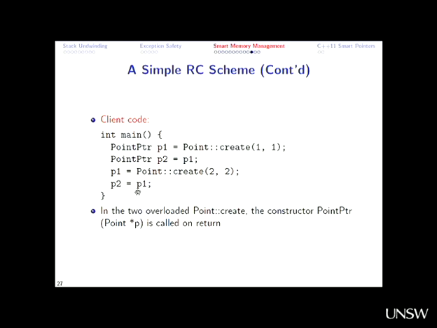P2 equals P1. What's going to happen? Move copy assignment P1 onto P2. What's going to happen? The point object that P2 was pointing to is going to decrease its references. Yep, so the point object that P2 was pointing to decreases references to 0, so what happens?